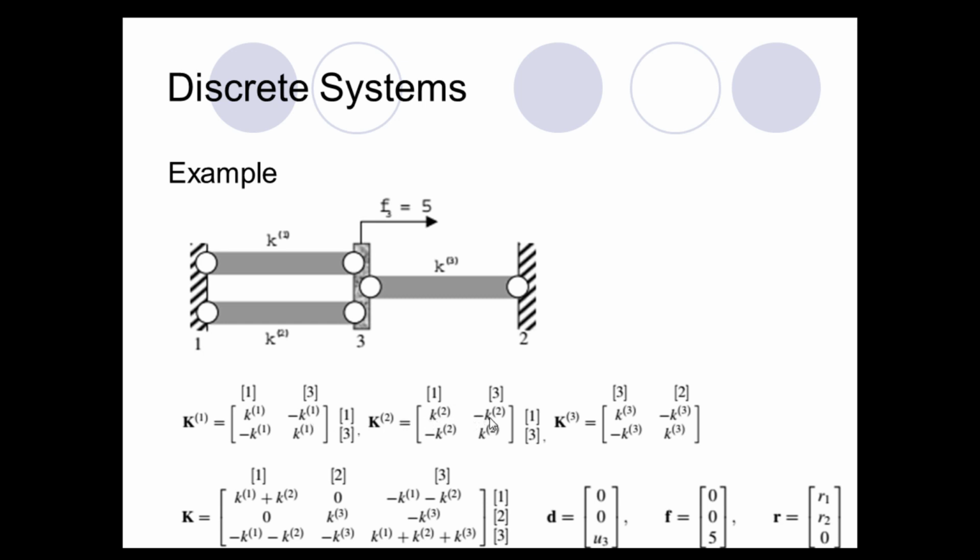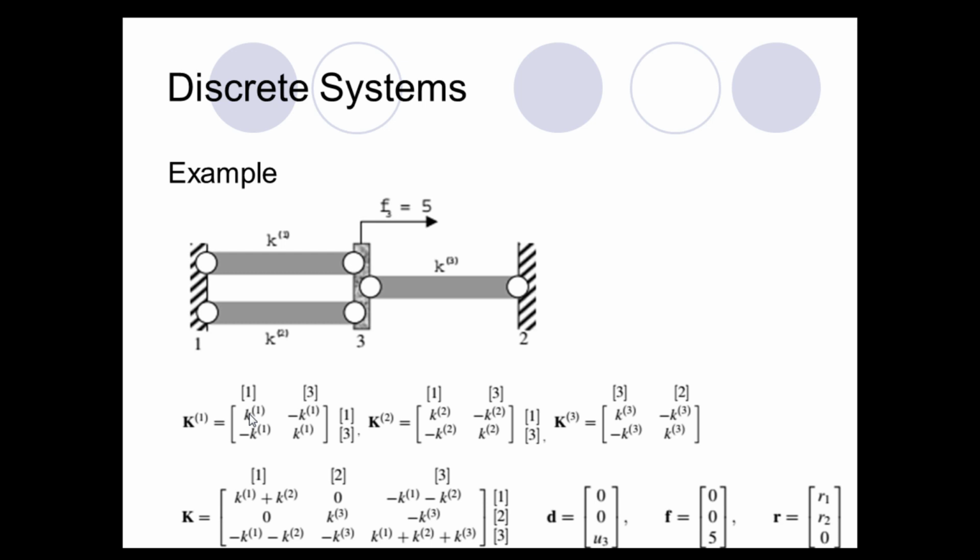This is 1 and this is 3. It is minus k2. Do we have 1 3 or 3 1 in the third? No, we don't have it. So it is minus k1 plus minus k2. So the 1 3 is minus k1 plus minus k2 as a result. Okay, so we completed the calculation of the first row. This is another way of solving the problem.